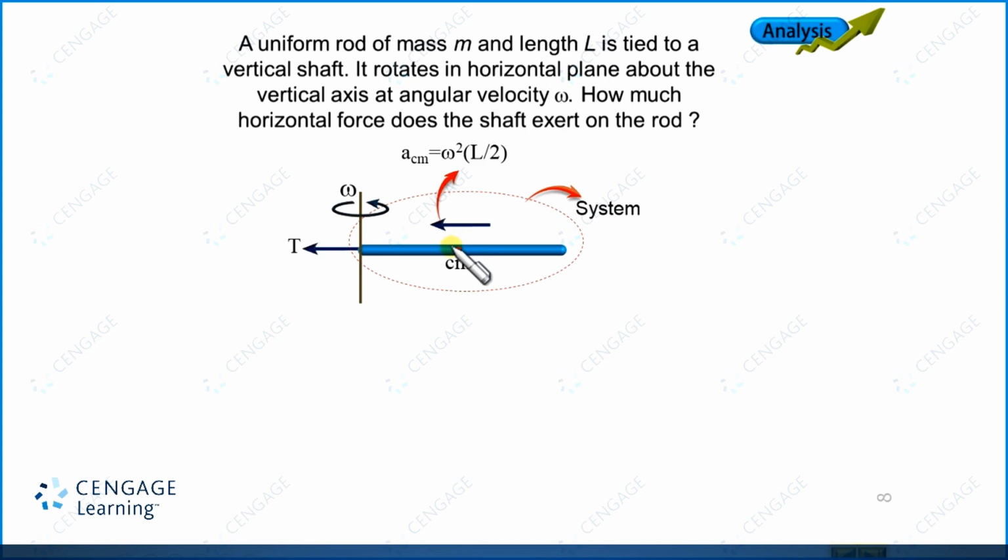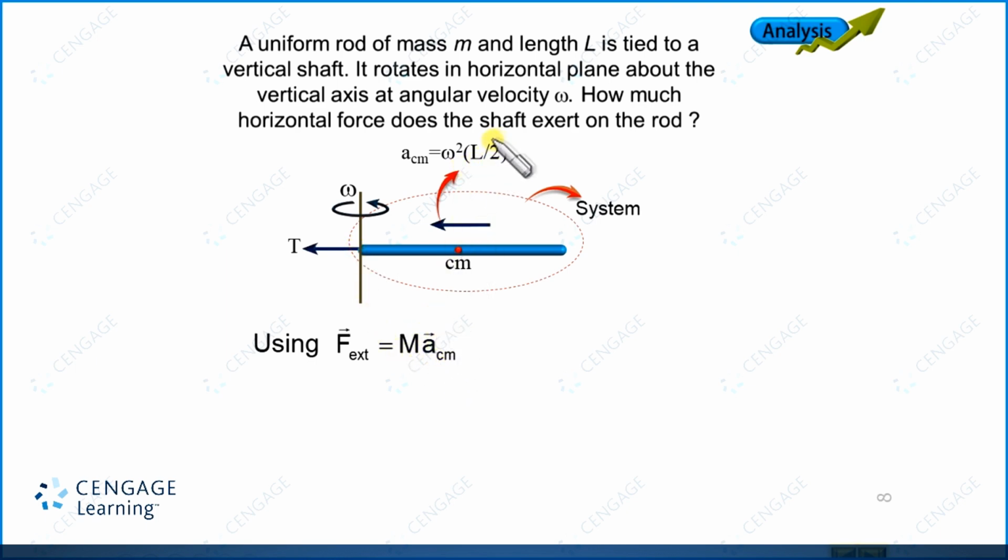Okay, now we can apply Newton's second law, or you can say the equation of circular motion, for this case. For the center of mass, we write F external equal to mass multiplied by a_CM. F external is nothing but capital T in the leftward direction.